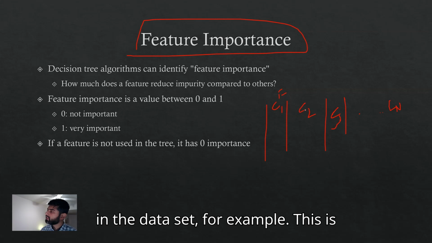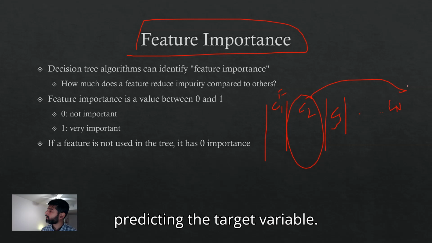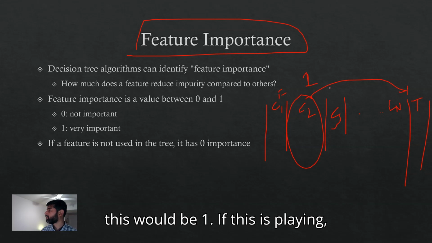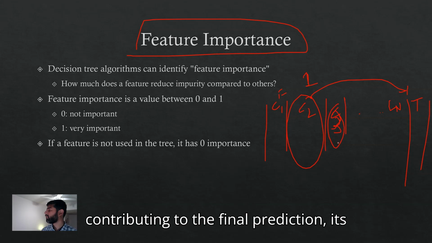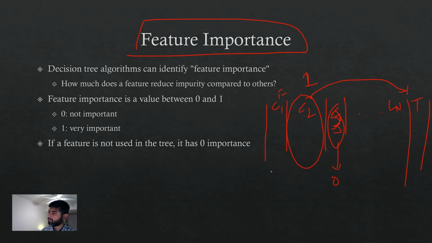For example, this is playing a dominant role in predicting the target variable. If this is playing, the importance of this would be 1. If, let's say, feature 3 is not at all contributing to the final prediction, its importance is likely going to be 0.